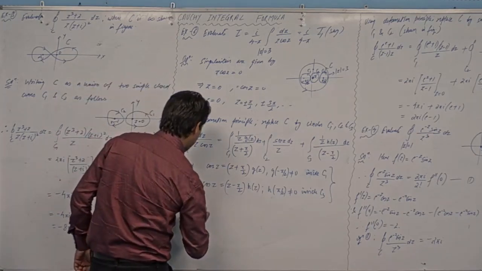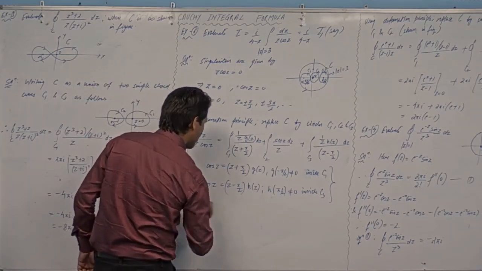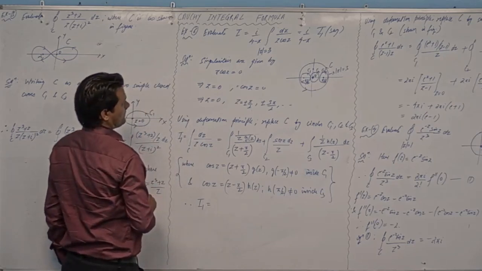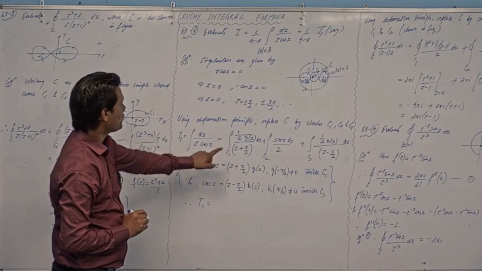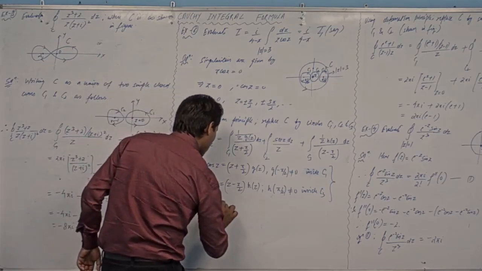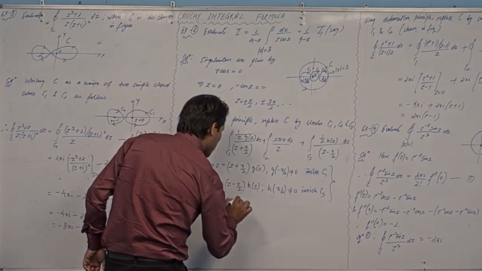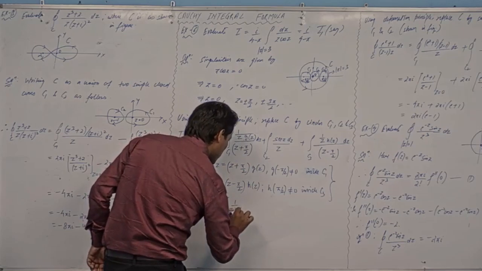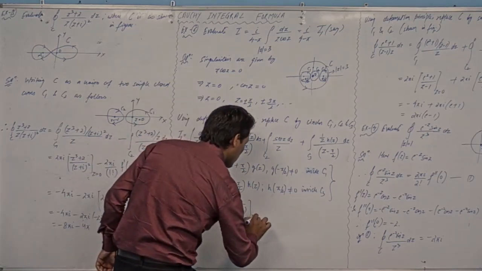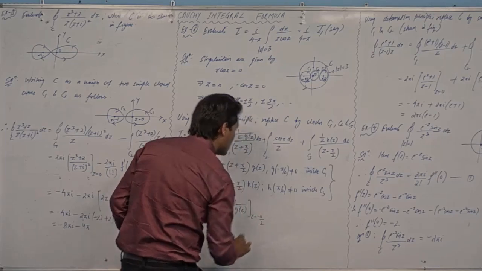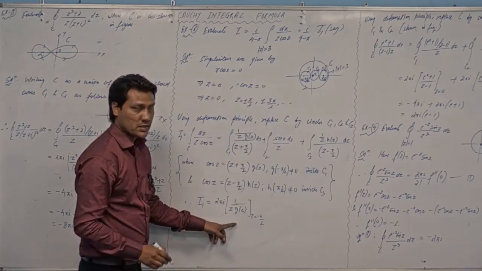Then I1 equals 2 pi eta multiplied by the numerator, that is 1 over z g z, evaluated at the singularity, and that is z equal to minus pi by 2. This is just the Cauchy's first formula, right?